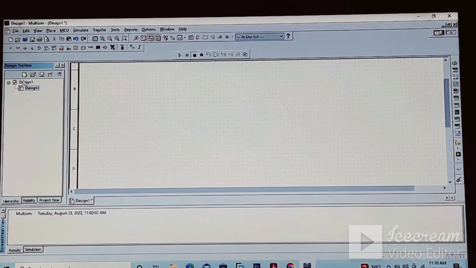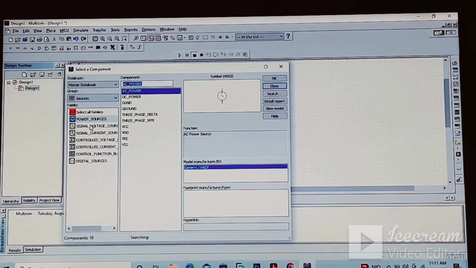So dear viewers, this is the Multisim software you can see on the laptop screen. Here we can simulate different types of electrical circuits, and this is the toolbar in Multisim. This is the place source where you find the different power sources, the signal voltage source, signal current sources, controlled voltage and current sources, all these functions.